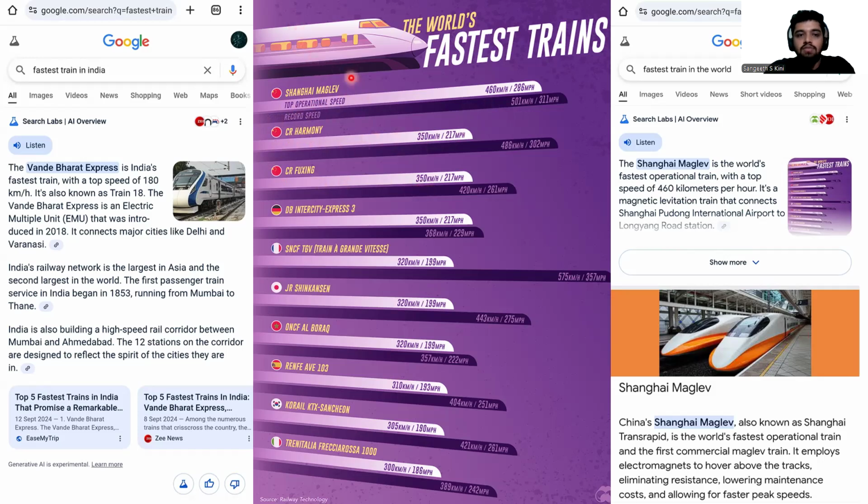This first train, Shanghai Maglev, is a Maglev train. What do you mean by Maglev? Maglev means magnetic levitation.